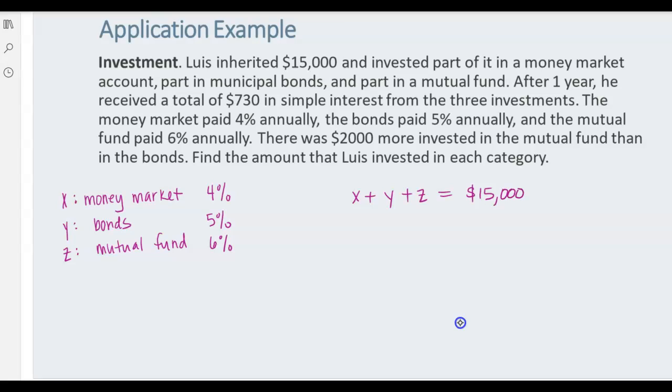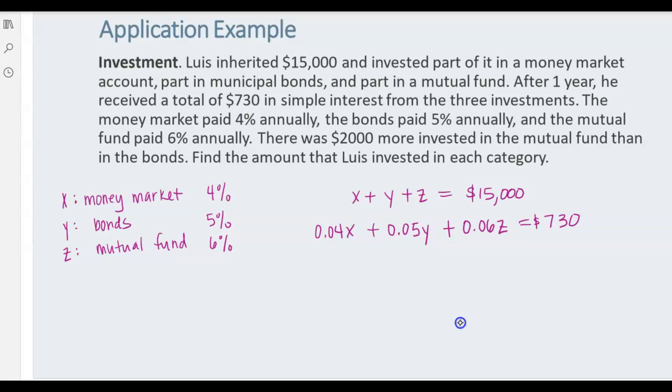The interest that he earned is going to be 4%, so 0.04 times the amount that he invested in that account, 5% for the second account, and 6% for the third account, right? This is just 6% of the total invested. And all of those 3 interests earned total up to $730.